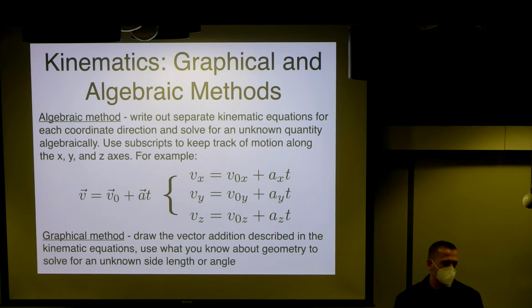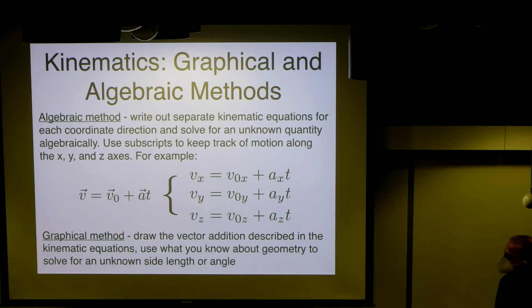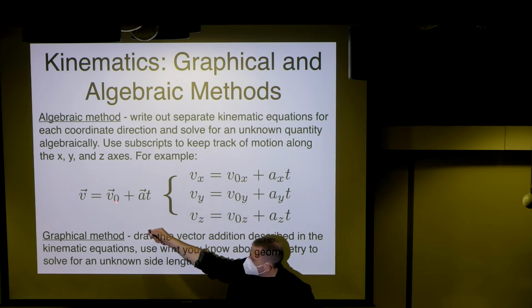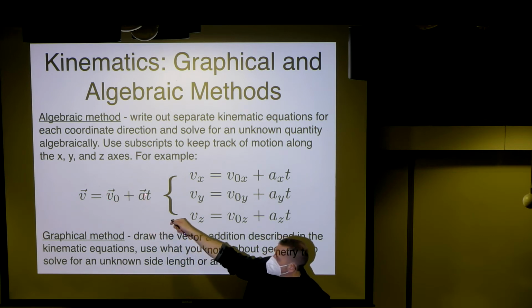What about the graphical method? If I'm choosing a graphical approach to solving a problem, what I realize is my kinematic equation is actually describing some kind of addition of vectors. This is a vector right here, V naught. This is a vector, A times t. What is this kinematic equation telling me to do?